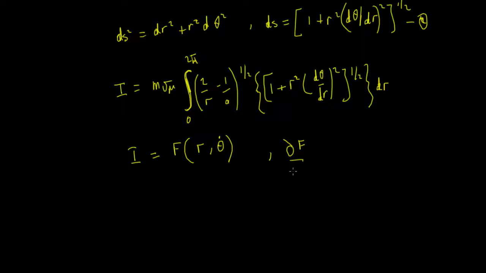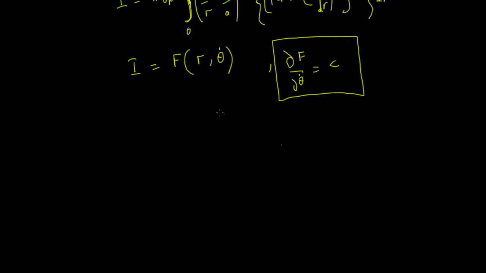We'll have partial f by partial theta derivative equals some constant c. Again that's derived in previous videos, so if you're unsure how we ended up with that, you can go back to the videos at the beginning of the video series. What we'll do is rewrite that as c to the power of a half, so we'll call that the constant.